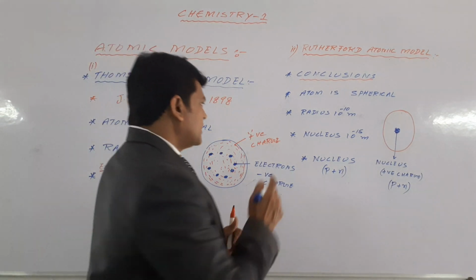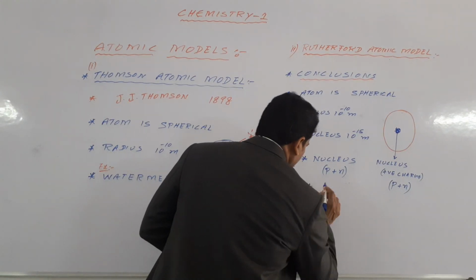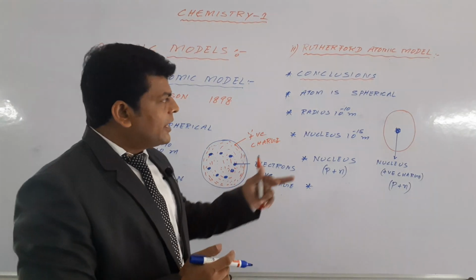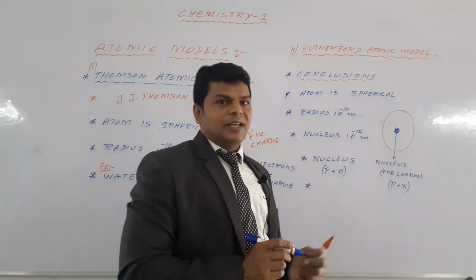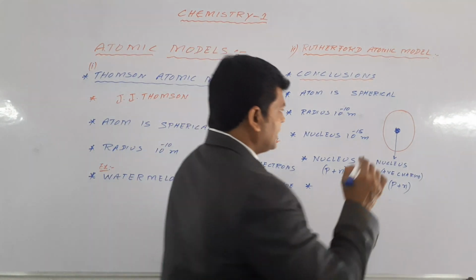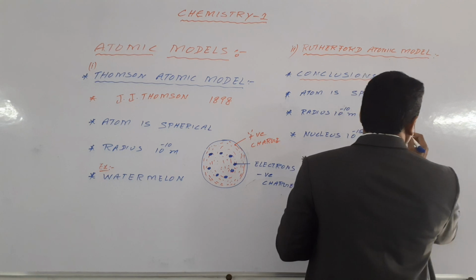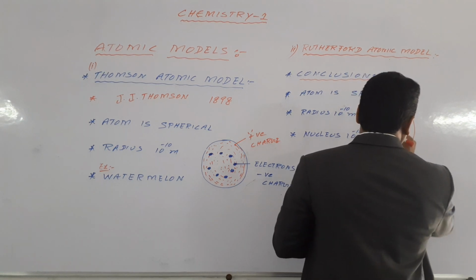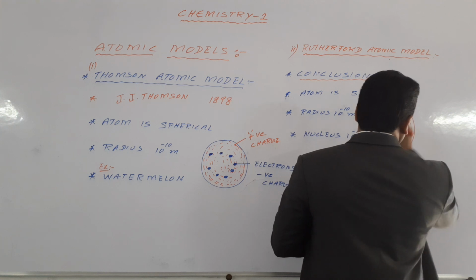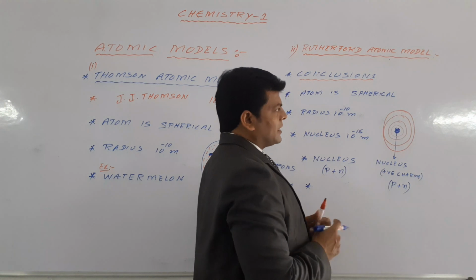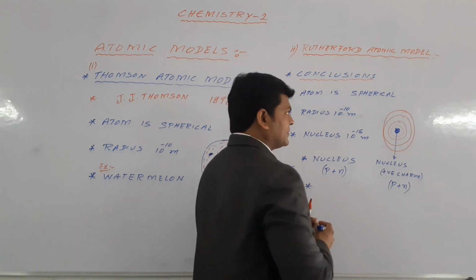Next, the second conclusion: electrons revolve around the nucleus in circular paths. See like this. These circular paths are called orbits.